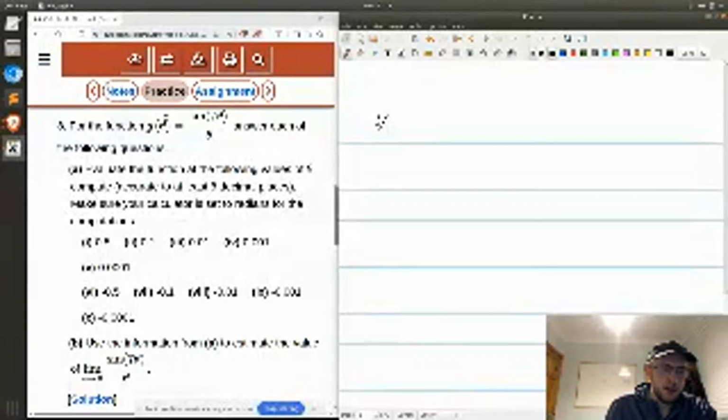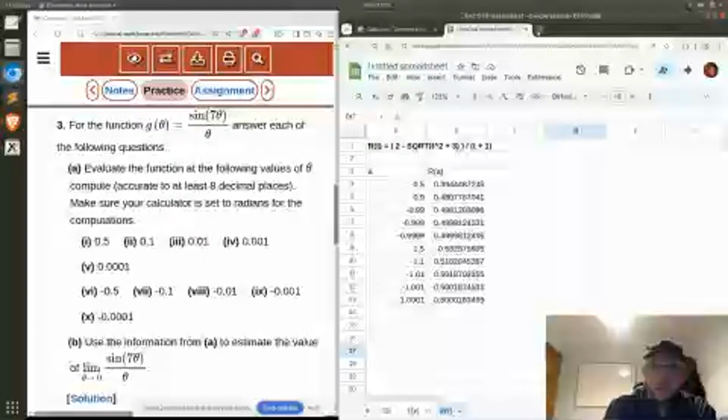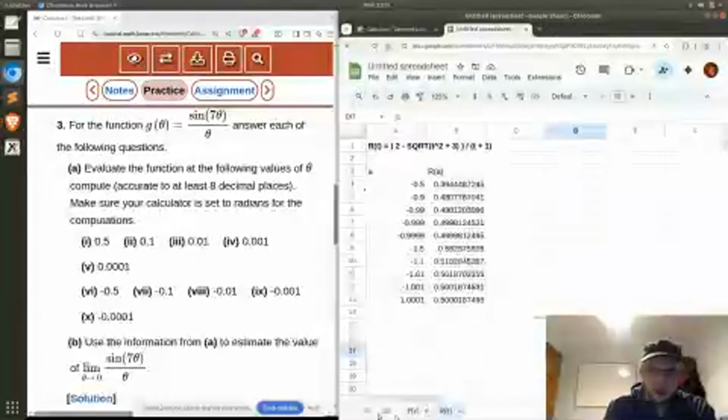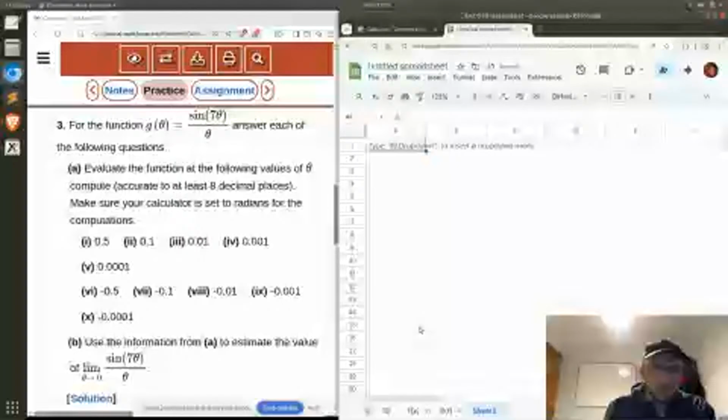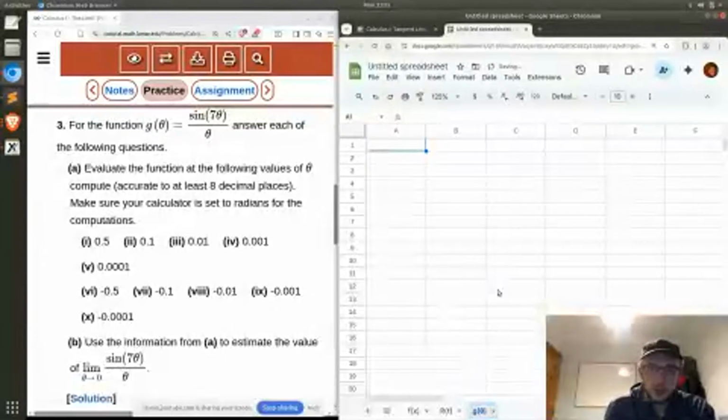Here we have theta. And I'll go out of my way to use it, just because I like it. Why shouldn't I?